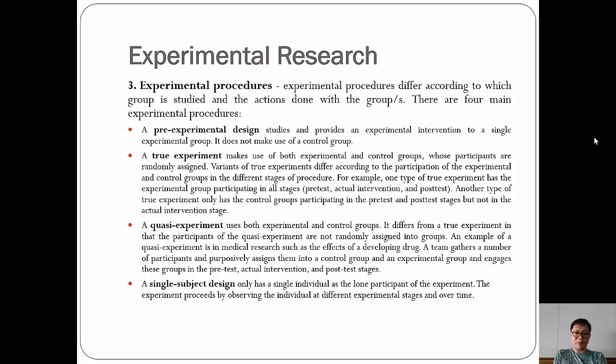Another type only has the control group participating in the pre-test and post-test stages but not in the actual intervention stage. Ang pre-experimental, single, okay, di siya mugamit sa control group.